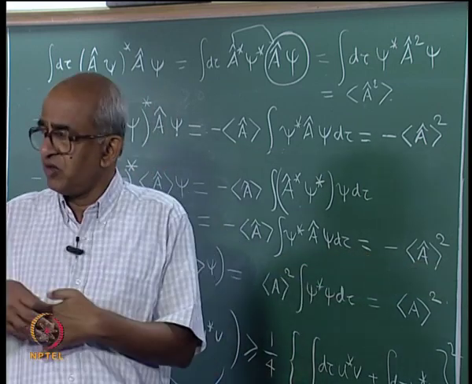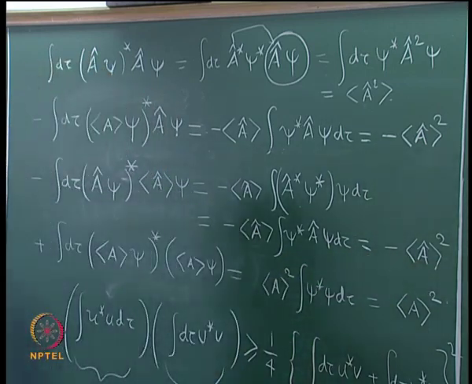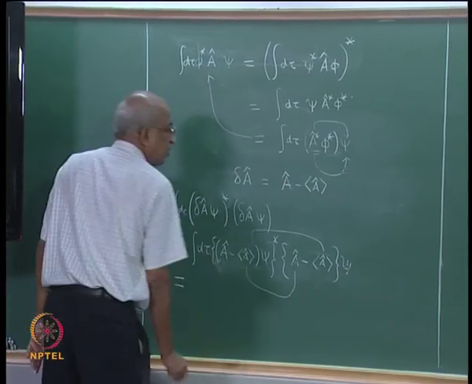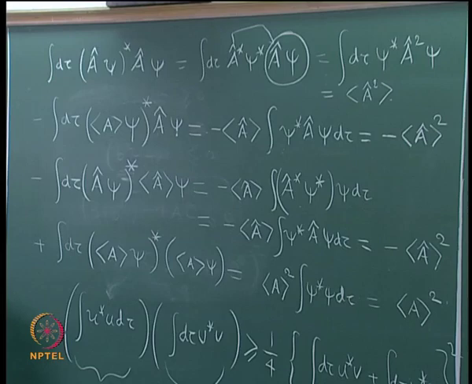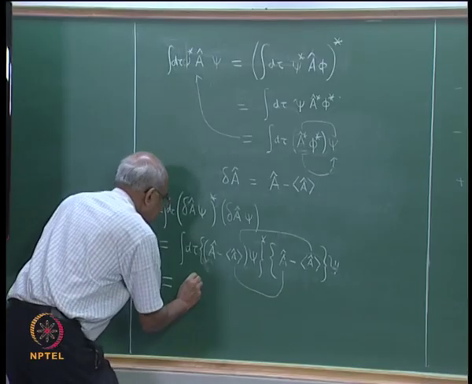So, if you added the 4 terms together, what is the answer that you get? I can write it here. If you added the 4 terms, what do you get?